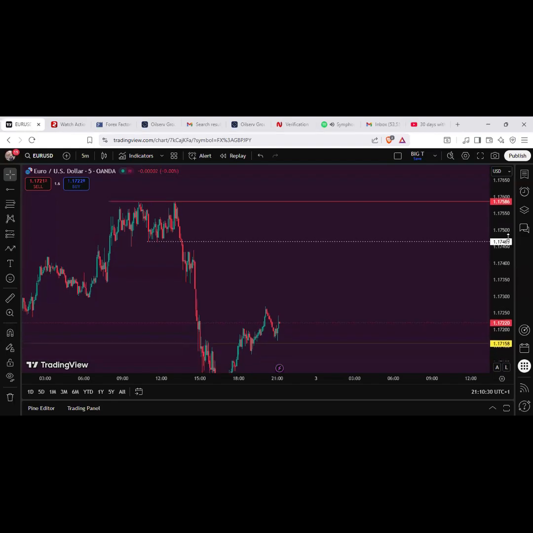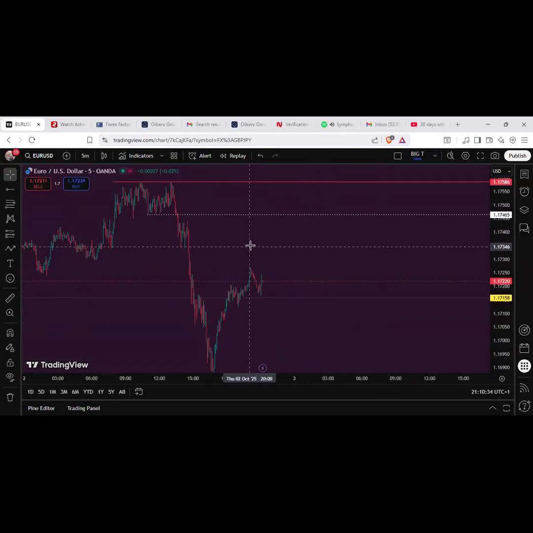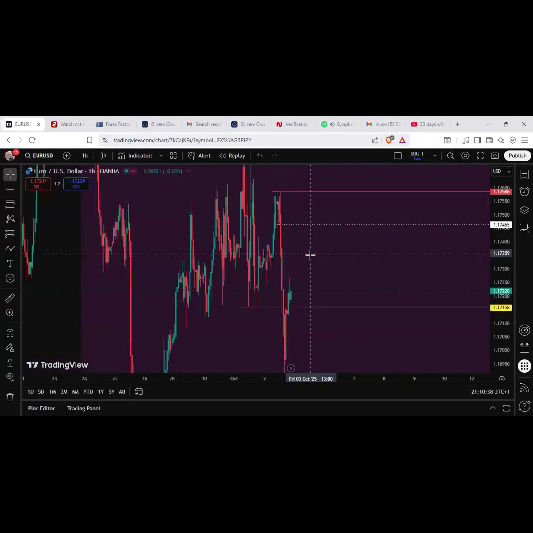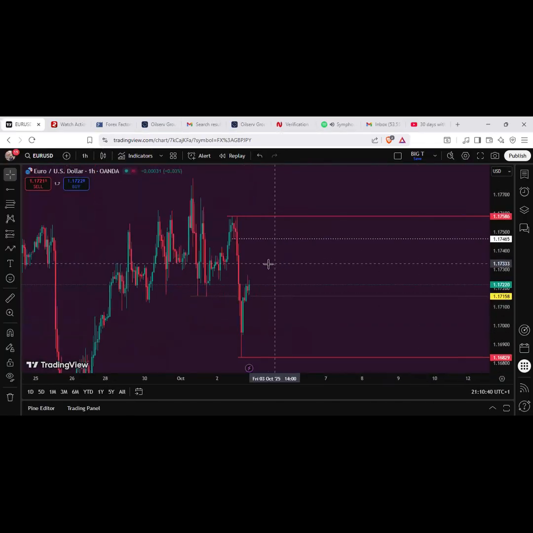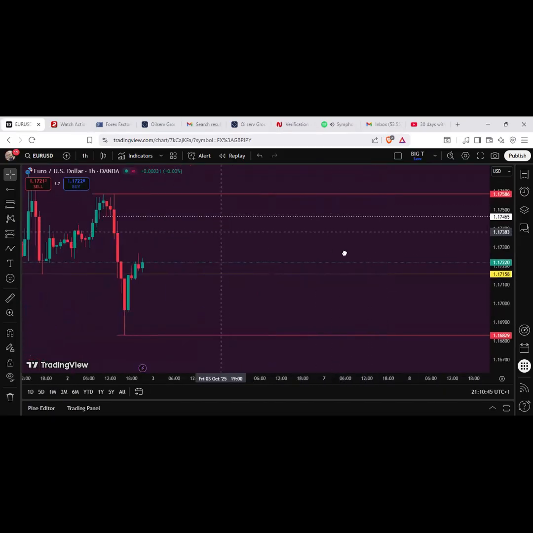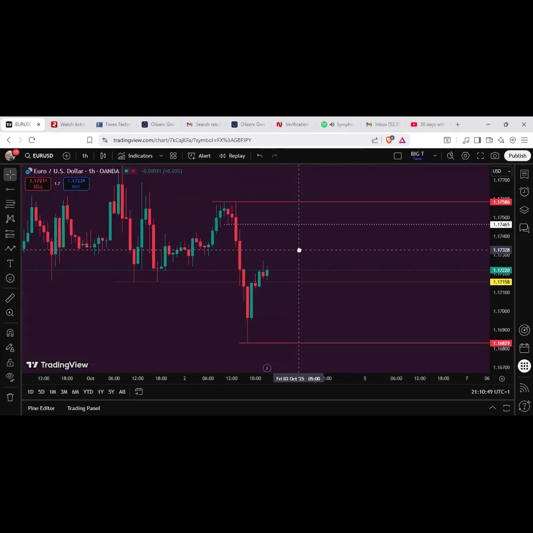So I have my entry at 1.17465. Yes, 1.17465 area is a good area to actually enter for more sales to the downside. This is my current bias on EU at the moment.